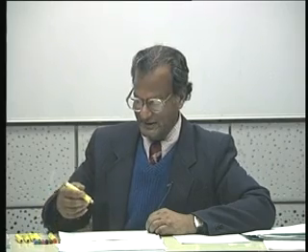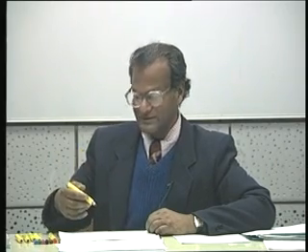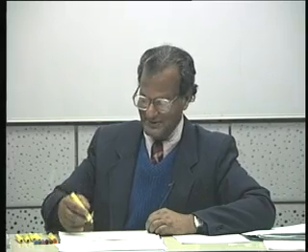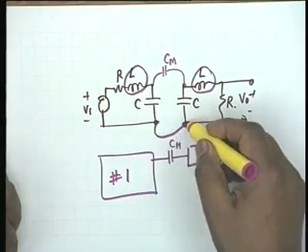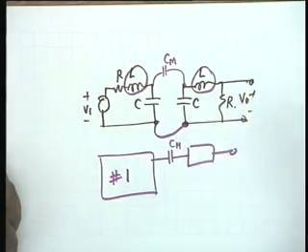What is so sacred about ground? It's just a reference. We can have a common point of reference anywhere we like. Now, if we have a reference, then only V0 is meaningful.